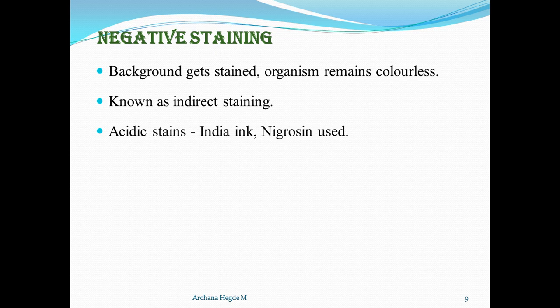Instead of coloring the microorganism, the background of the microorganism is colored, so the organism appears colorless, like a night sky with stars. We can see the microorganisms as stars and the background will be totally black or brown in color.